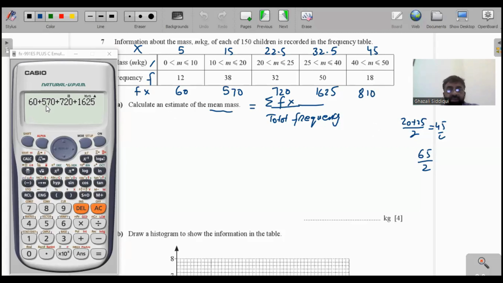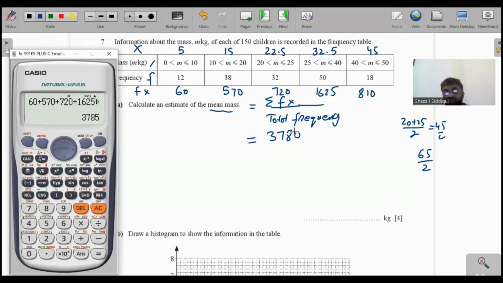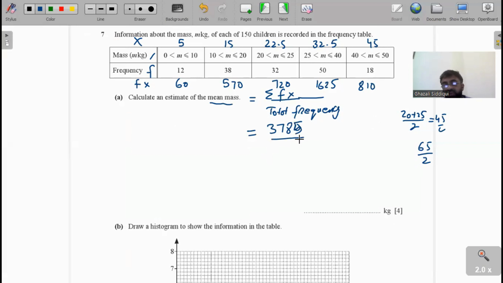Now we add 60 plus 570 plus 720 plus 1625 plus 810, that is equal to 3785. Divided by the total frequency, which is given as 150, we divide 3785 by 150. Get it?